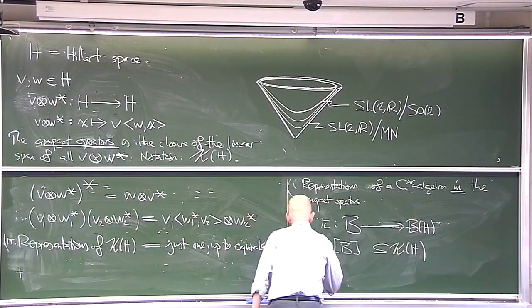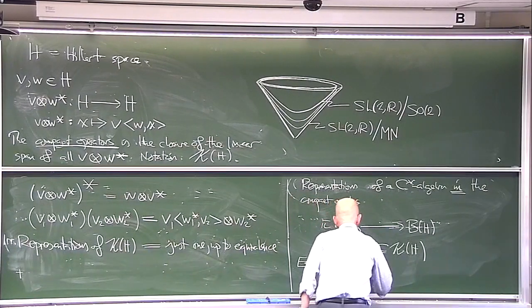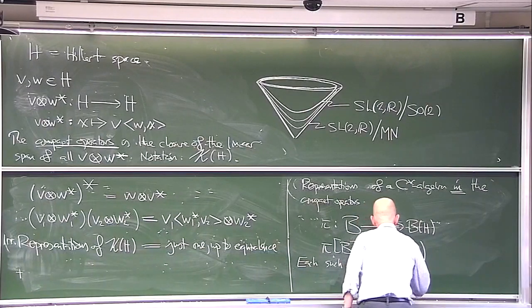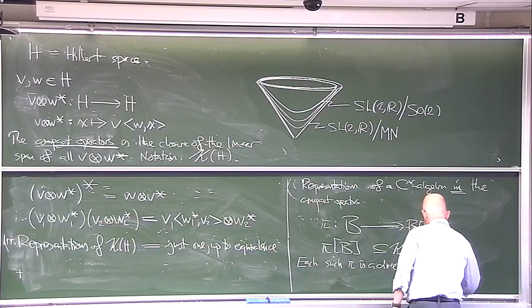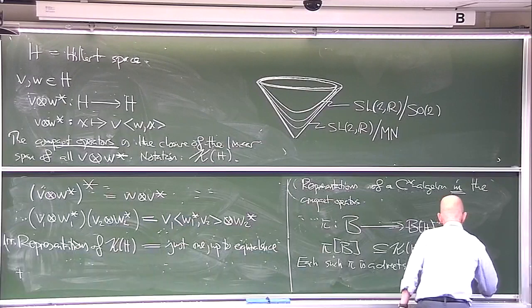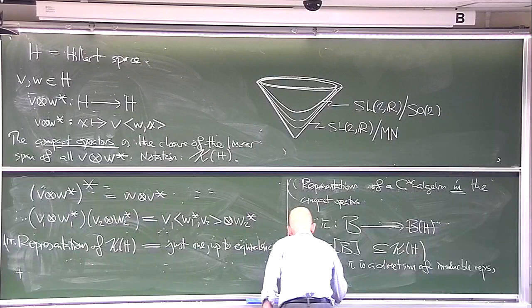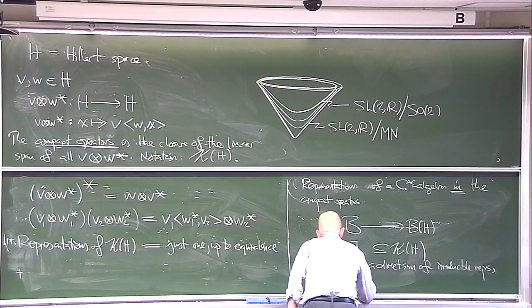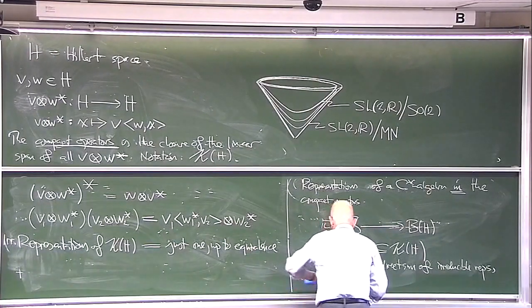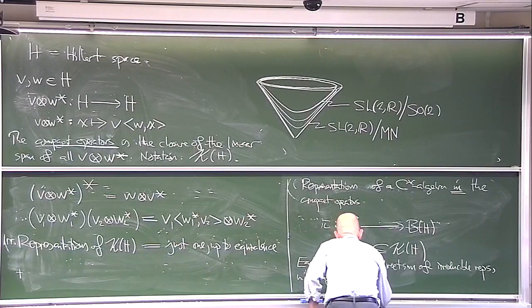It's a very easy fact that each such representation is just a direct sum of irreducible representations, each of which has image some subspace Hj.